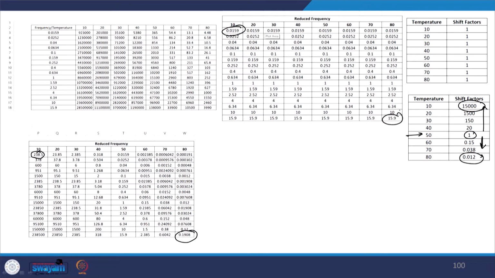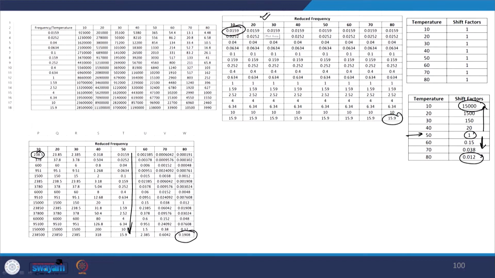This is how I have recreated these columns by multiplying the frequency at which I have done the measurement with the respective shift factors. At 50 degrees Celsius, since the shift factor is 1, the value remains the same with respect to this particular table.